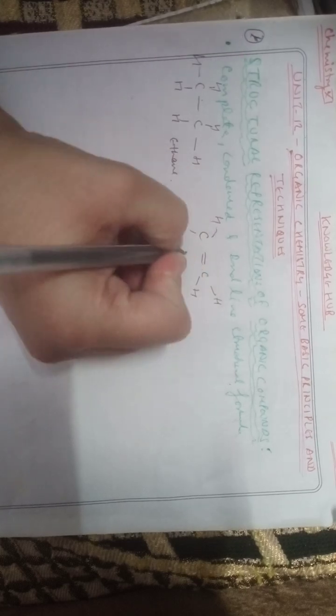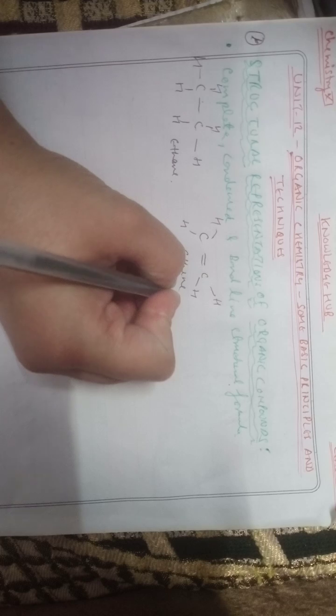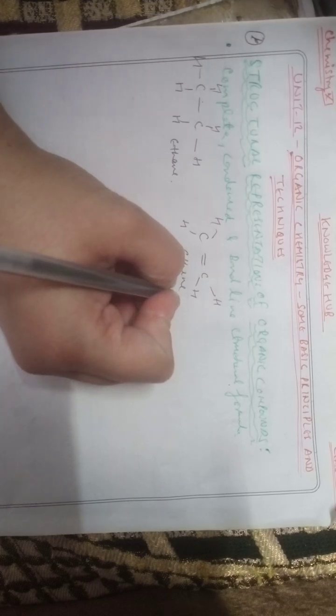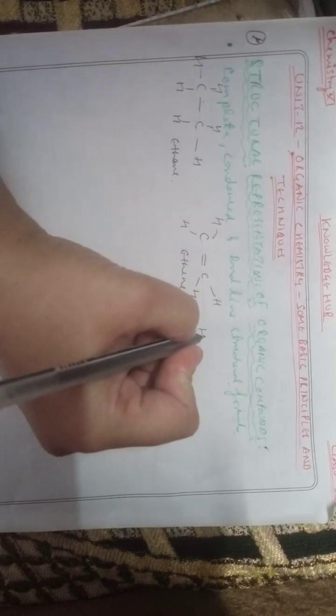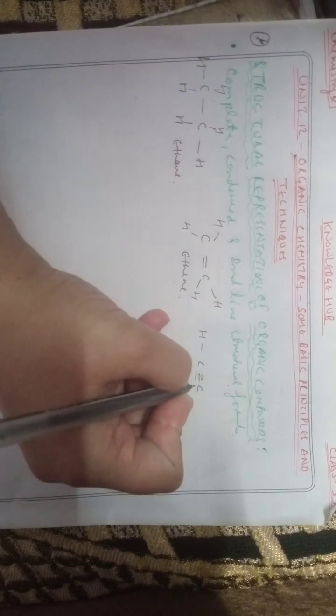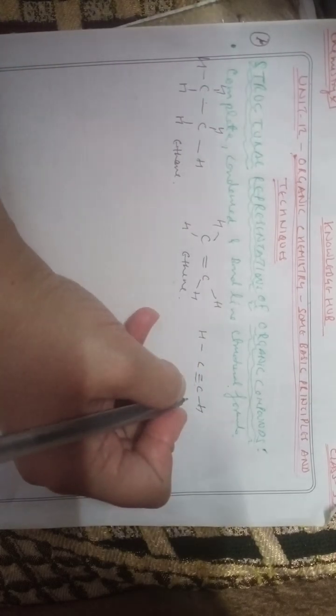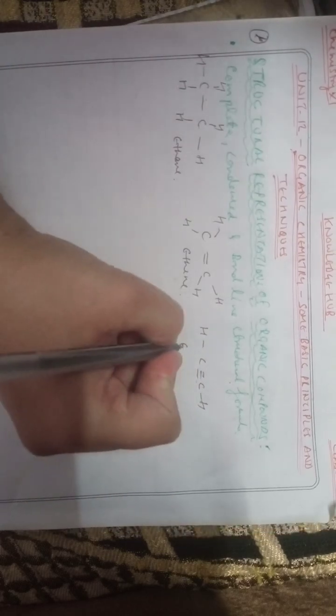This is your ethene. Now coming towards ethyne, carbon triple bond with carbon, and then we have 1 hydrogen atom attached to each carbon atom. This is your ethyne.